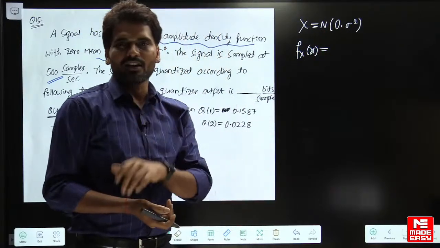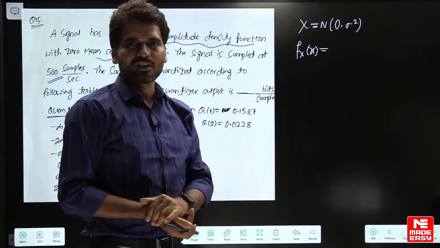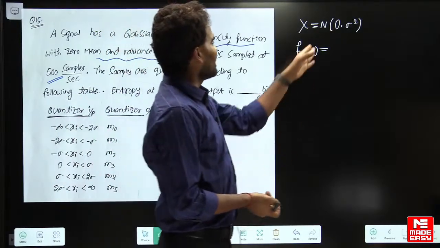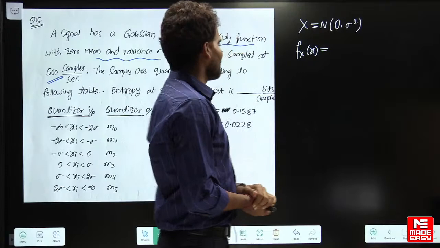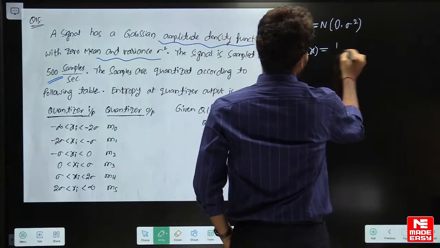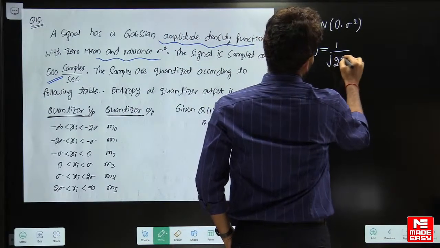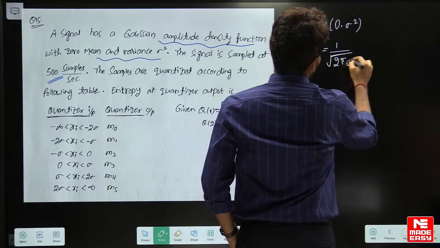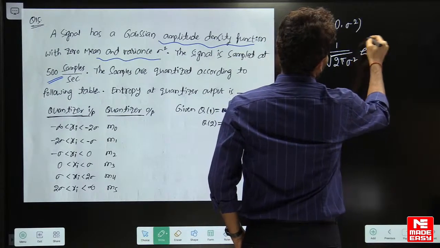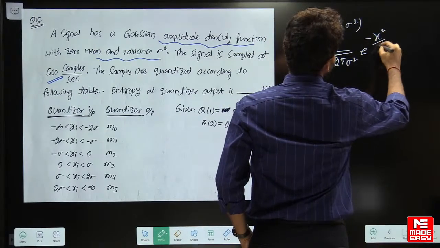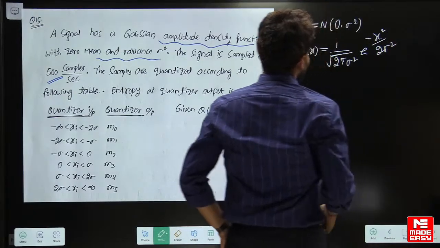I'm denoting that amplitude with x, and this is following the Gaussian density function: 1 by root 2 pi sigma square e power minus x square by 2 sigma square.